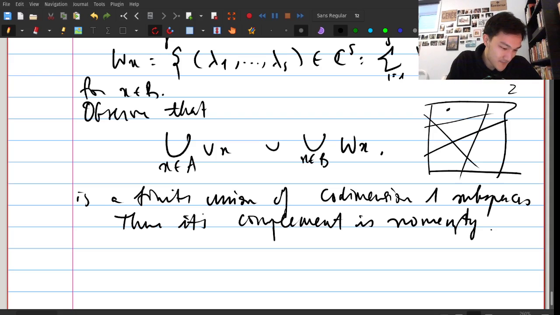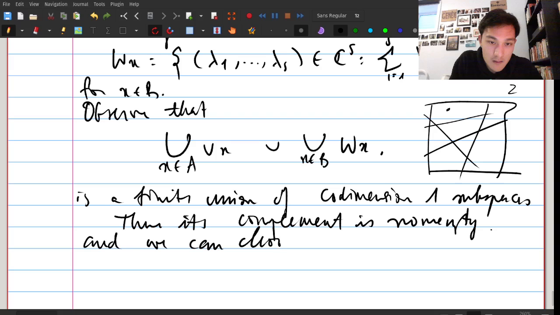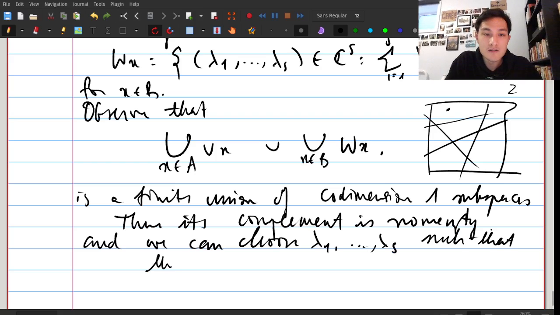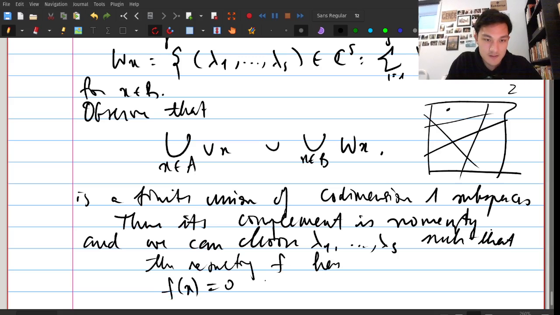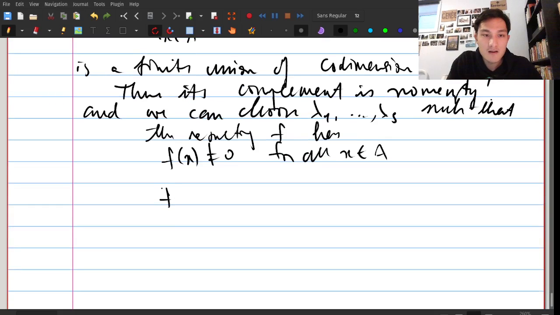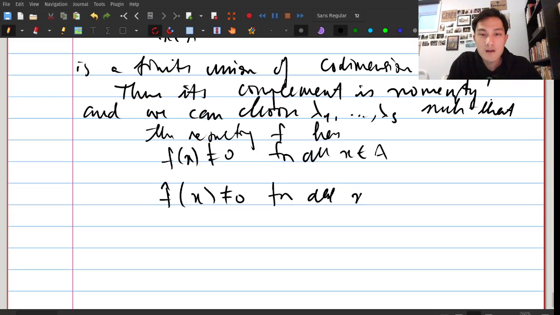And we can choose lambda 1 up through lambda s such that the resulting f has f(x) not equal to 0 for all x in A, and f hat of x not equal to 0 for all x in B. And that's all we needed.